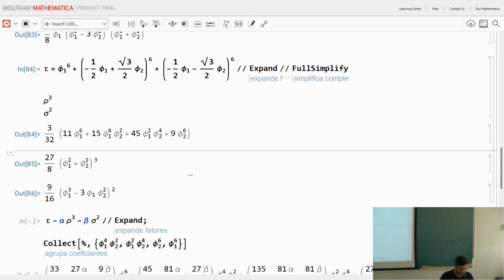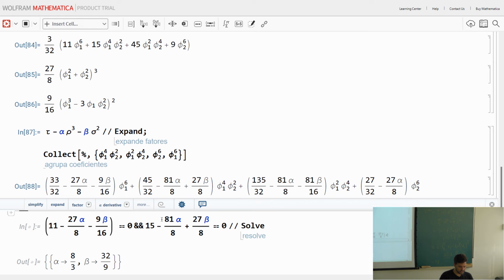What is important is that I can, and let me call this one tau for a moment, look if tau can be expressed as a combination of sigma 3 and sigma 2 and rho 3, because this is what the Molien series is telling me. So I do this, I get a system of equations. For example, I set to 0 some of these components.